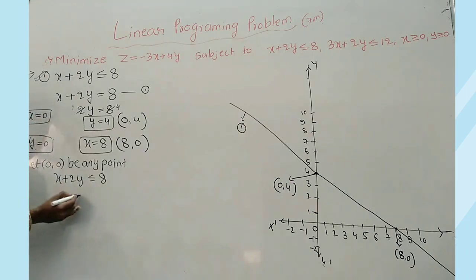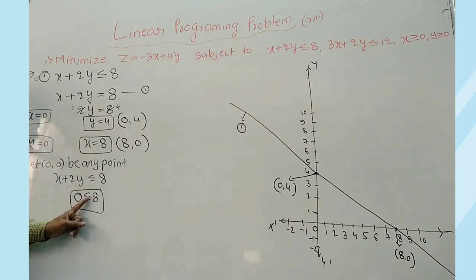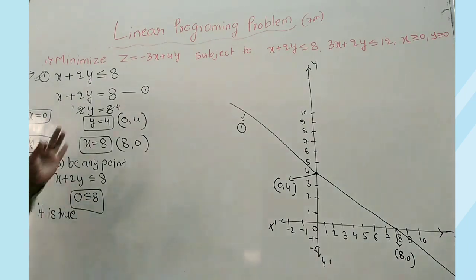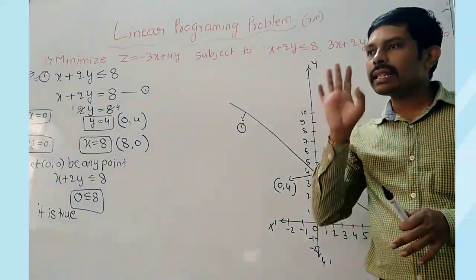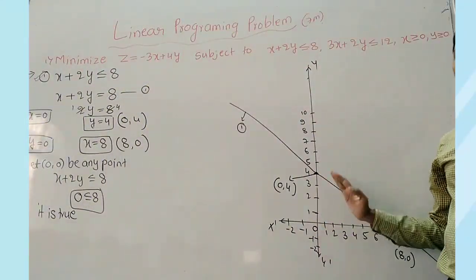So what will we get? 0 is less than or equal to 8. My dear students, is it true or false? It is saying 8 is greater than 0, which is true, no? Whenever you get the answer as true, remember, the solution lies on this side only.